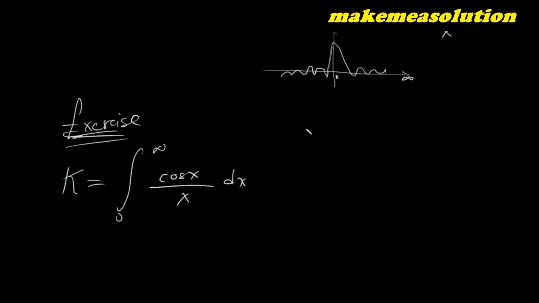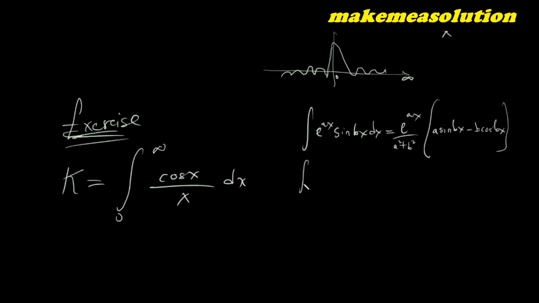For instance, we know that the integral of exponential ax sine bx dx is exponential ax over a squared plus b squared, into a sine bx minus b cos bx.